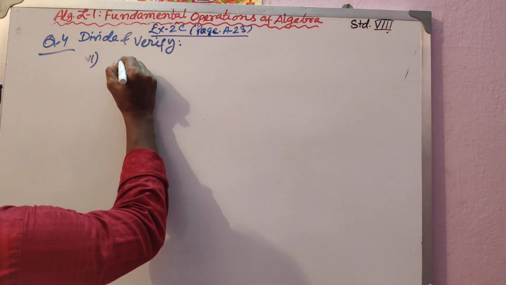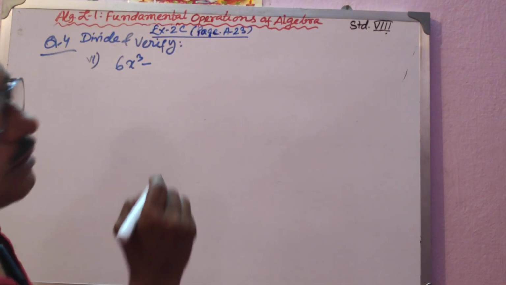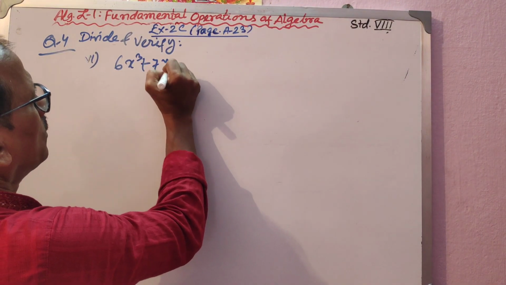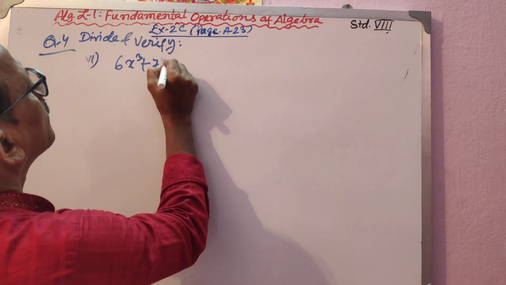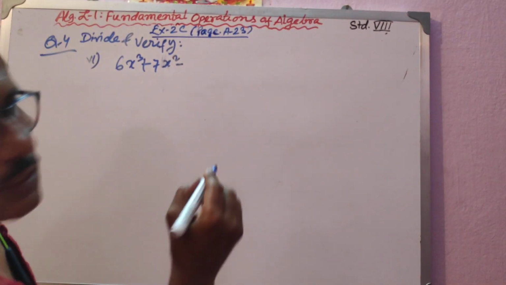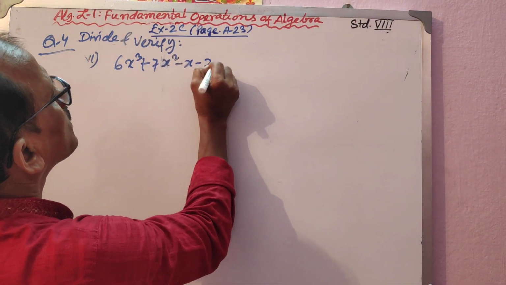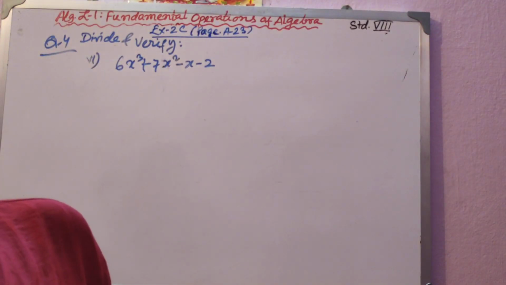Sixth one, 6x cube plus 7x square minus x minus 2. Be careful not to write down a wrong thing from your book.